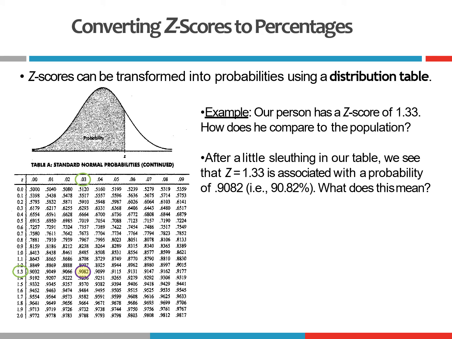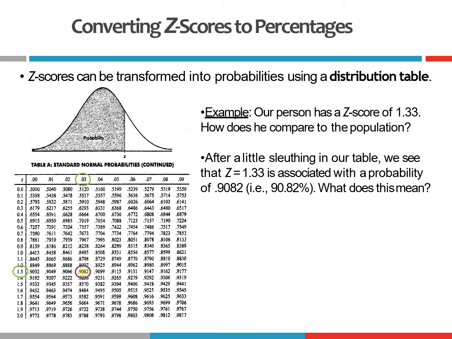To figure this out, we can use our table. First, you go to the Z column and find the first decimal place. So we're going to look for 1.3 in the column, and then we're going to look for 0.03.